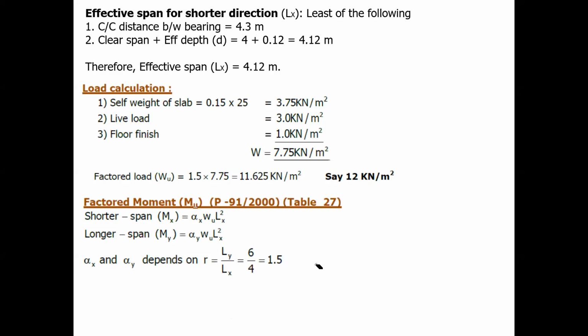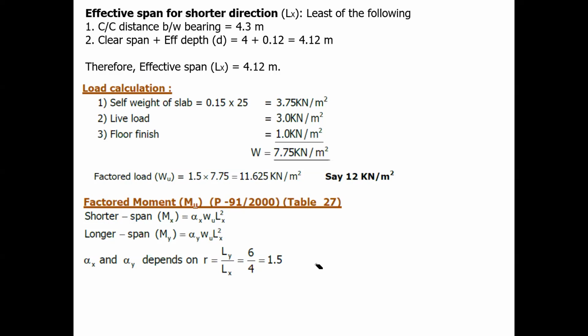Which table you have to refer? Table number 26 or table number 27? You're not supposed to take 27 because here the span is different. So you have to refer table number 26 because in the question they have mentioned the condition, two adjacent edges discontinuous.